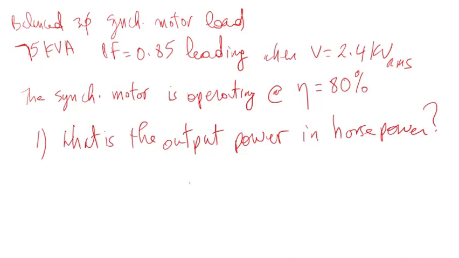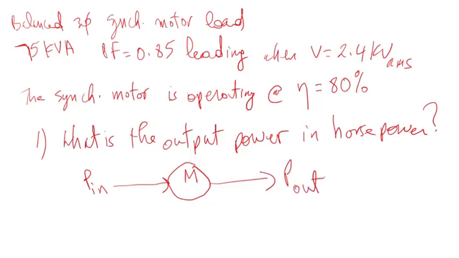So as an example, in this case, I have a synchronous motor. So I'm just going to put a circle around M. So that's a motor. This motor takes an input power, so I'm going to call it P in, means input. And it gives us an output, which is P out, which we want to calculate in horsepower.